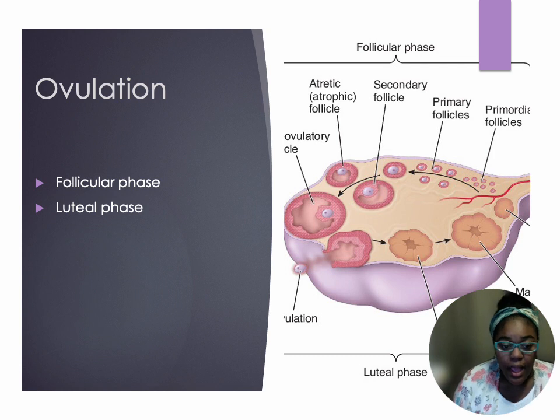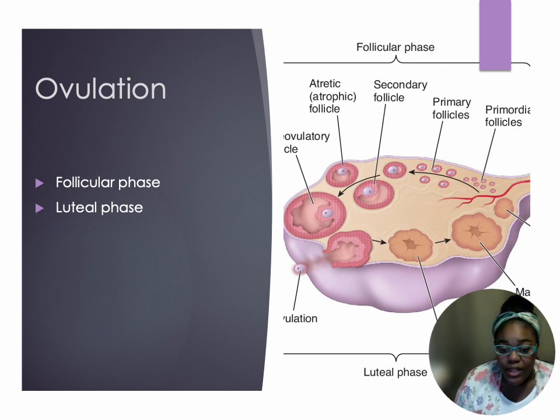This phase is really more closely associated with estrogen. So as the follicular phase is occurring during the first 14 days after menstruation happens, we see more elevated levels of estrogen in the female body. Versus when ovulation happens, those estrogen levels start to fall, and then we move into the luteal phase.